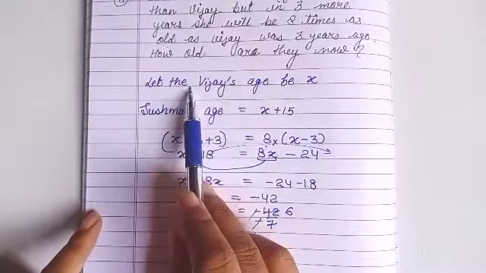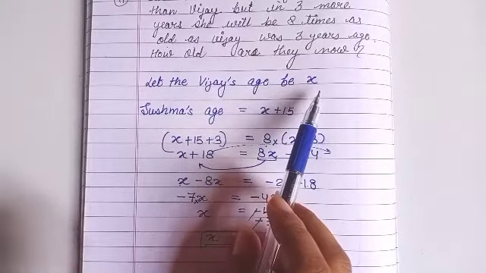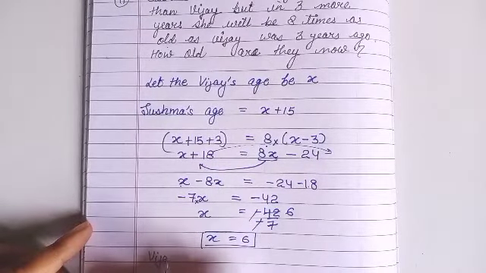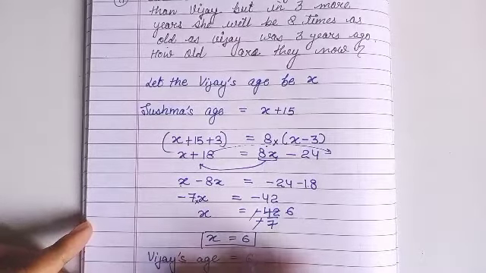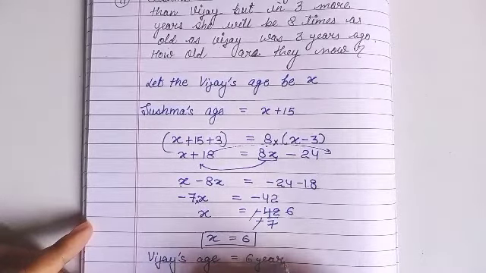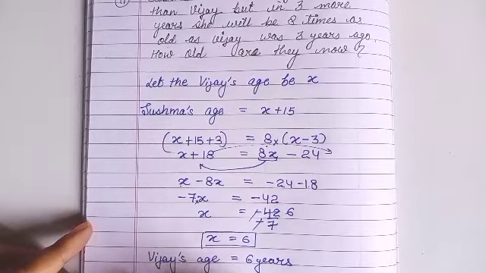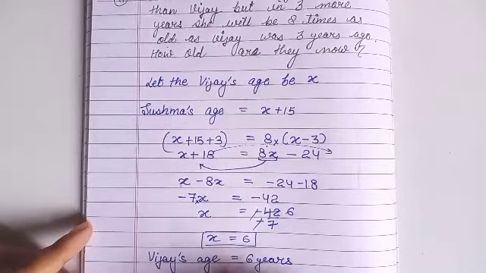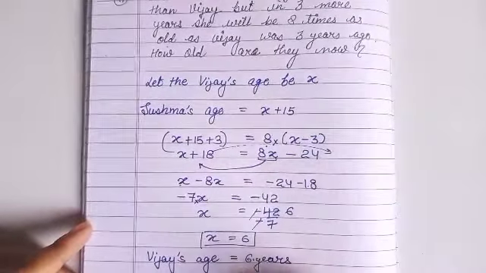And what was x? Vijay's age, right? And age, in what do we consider it? In years, right? So Vijay's age is 6 years. Sushma's age was 15 more than Vijay. x plus 15, right?